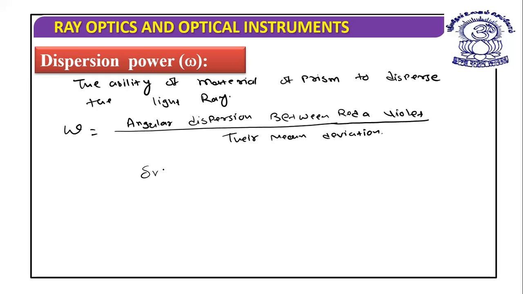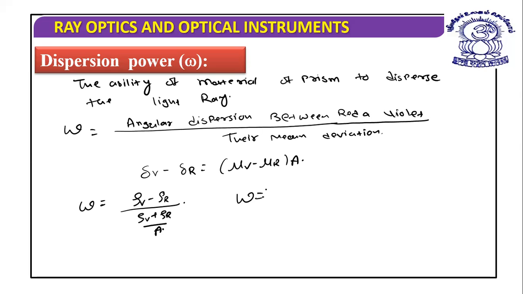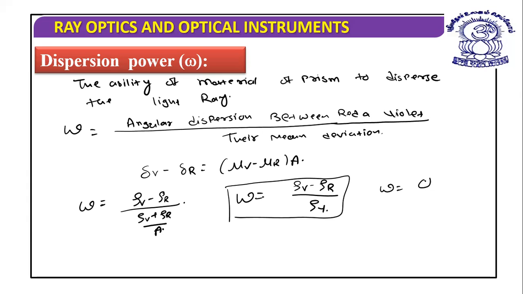So delta V minus delta R is equal to (mu V minus mu R) into A. Omega can be written as (delta V minus delta R) divided by the mean deviation, which is the deviation of yellow color. So omega is simply theta upon delta Y.